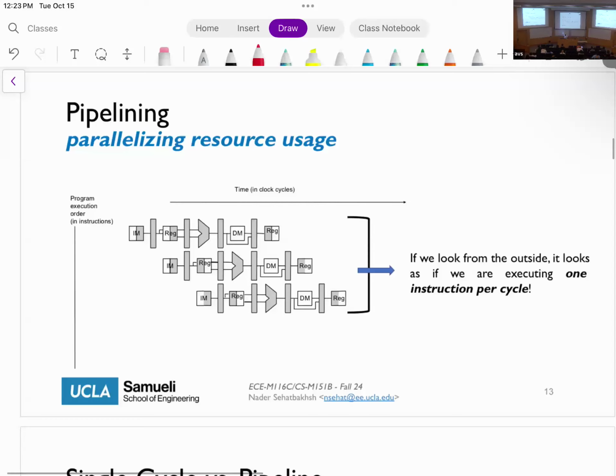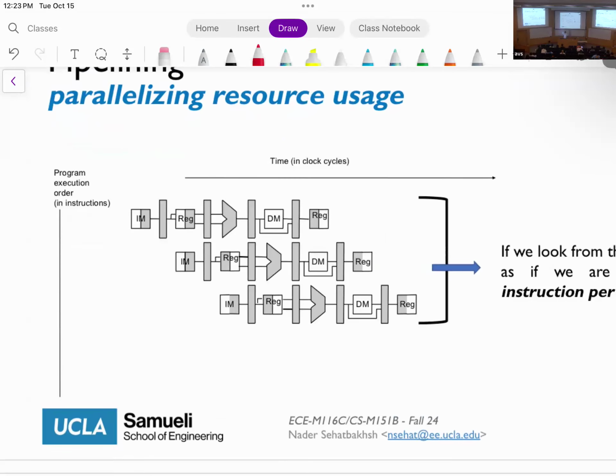All right. So now if you look from the outside, let's say my pipeline is, quote unquote, filled, so that I have all 5 instructions inside. If I look at how many instructions I run per cycle, the answer will be equal to 1. Each cycle I finish 1 instruction.